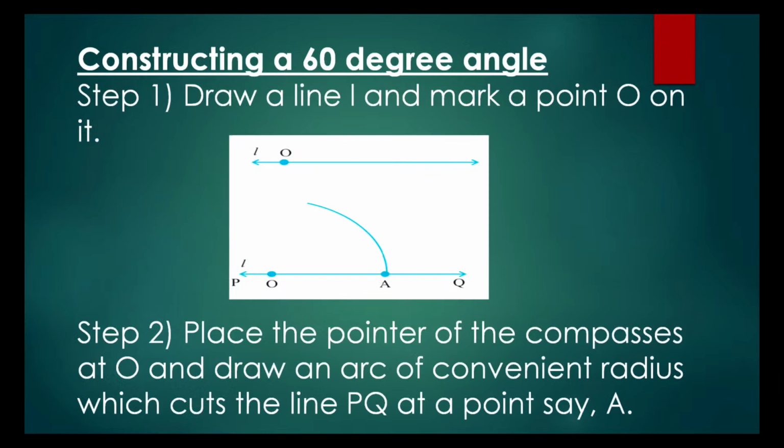We will take a line L and we will mark a point O on it. The second step will be to place the pointer of the compass at O and draw an arc of convenient radius which cuts the line PQ at a point, say A. Let's do it.